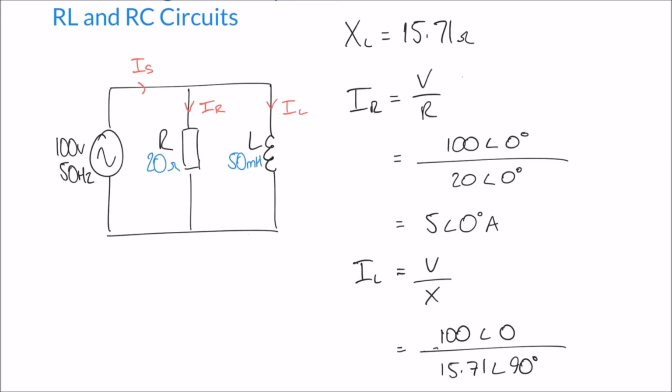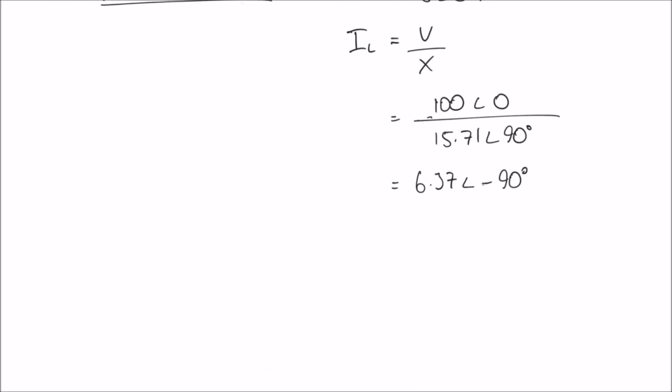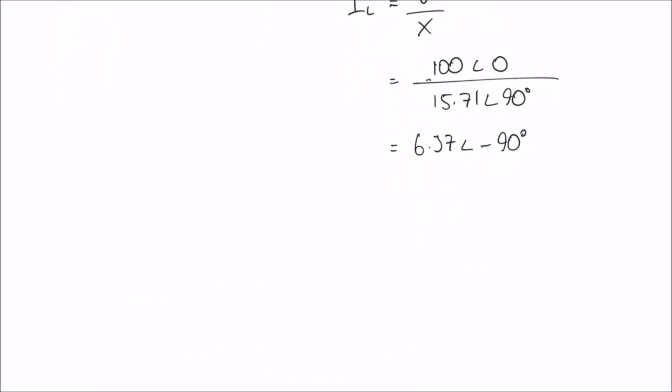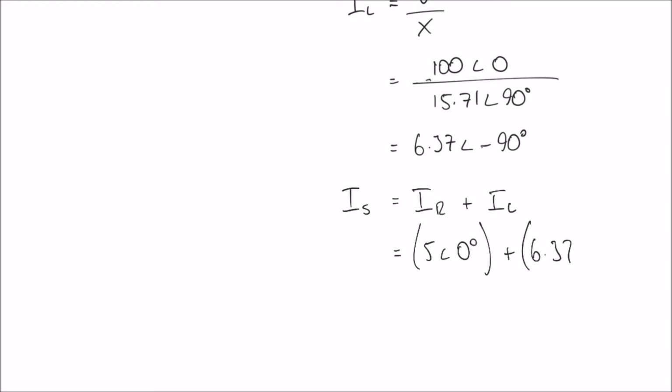So one of the last things we're going to say before we plot our phasor diagram is just that IS is equal to IR plus IL. So in polar form, we would be saying that that is 5 at an angle of 0 degrees plus 6.37 at an angle of minus 90 degrees.